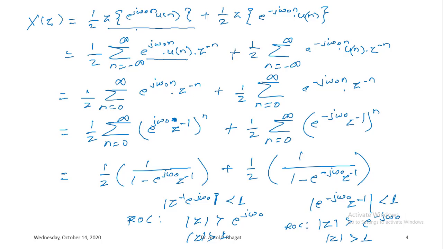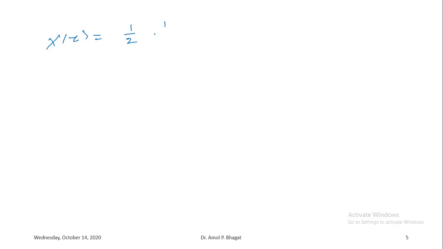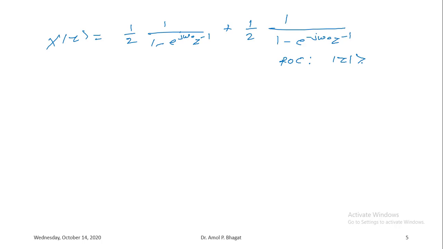What will be the required Z transform? X of z is equal to 1 by 2. You can also take this 1 by 2 common if you want. So 1 by 2 into 1 upon 1 minus e to the power j omega 0 into z inverse, plus 1 by 2 into 1 upon 1 minus e to the power minus j omega 0 into z inverse, with ROC mod z greater than 1.